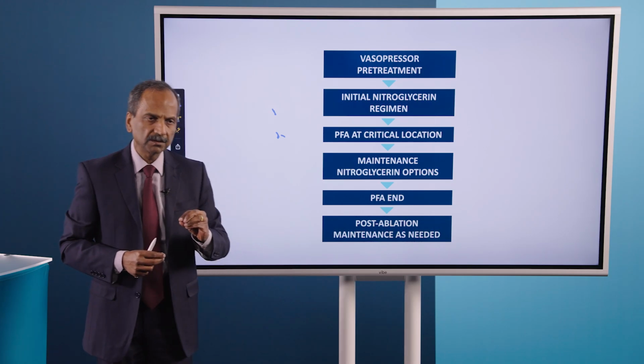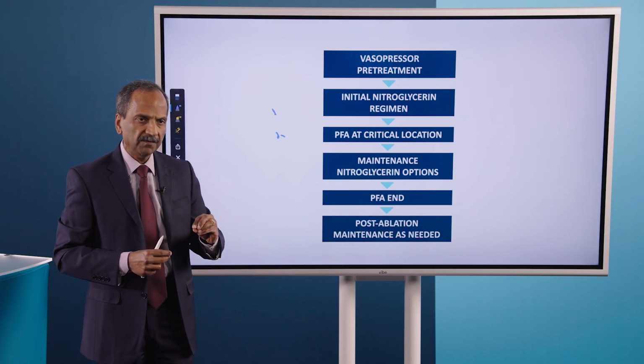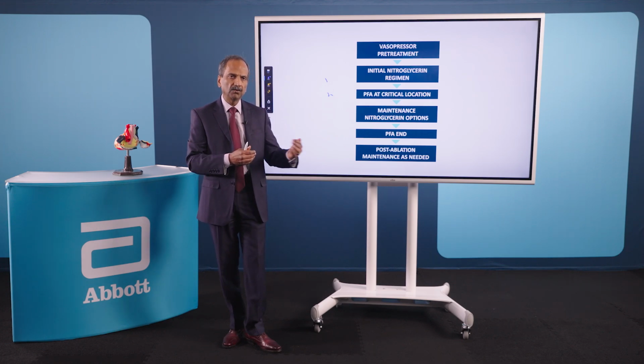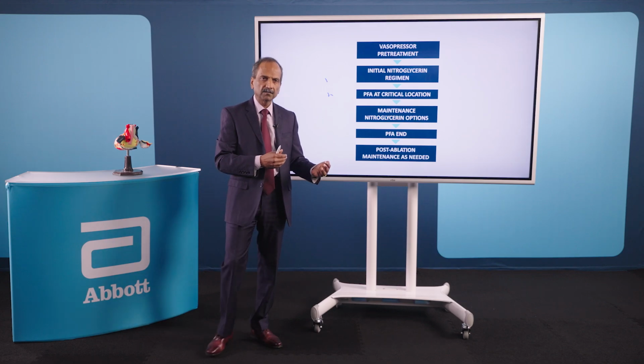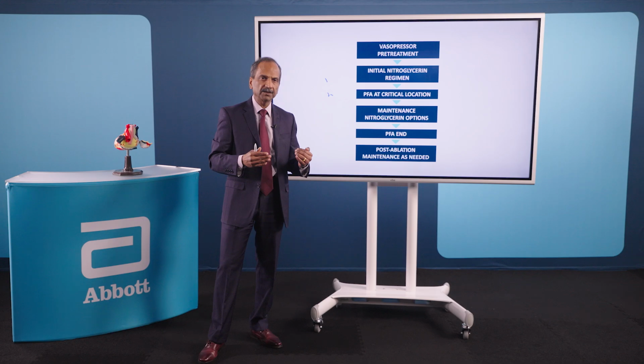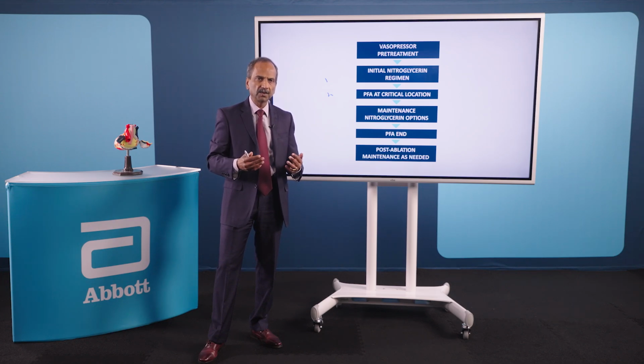To summarize, while we have so many benefits with pulse field ablation over radiofrequency ablation, there are a few potential complications that are much more with PFA than with radiofrequency ablation. We rarely ever saw coronary spasm in all the decades of radiofrequency ablation.